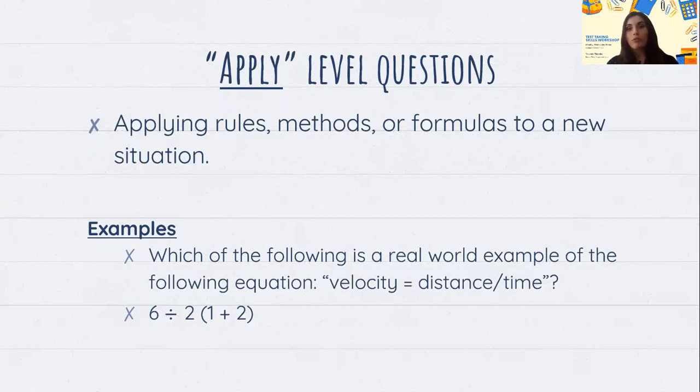Which of the following is a real world example of the following equation? Velocity equals distance divided by time. There you have to take the equation and apply it to some sort of real world example, except in this instance, you just have to choose the correct real-world example that shows that equation.